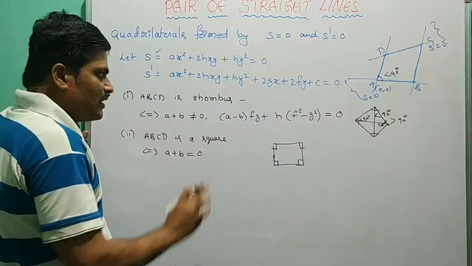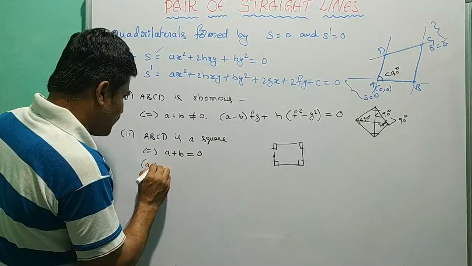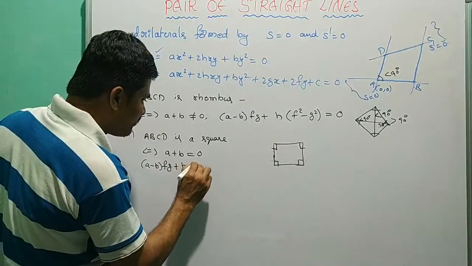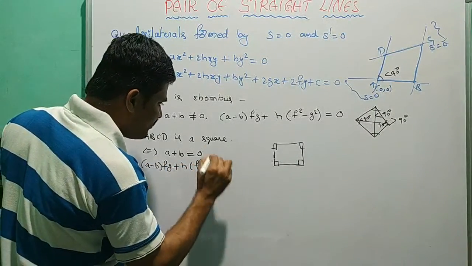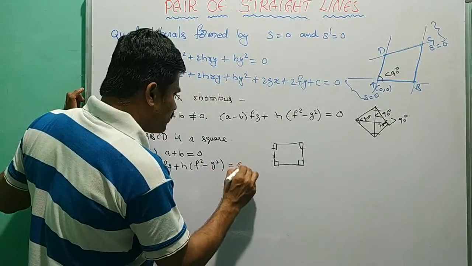Similarly, the second condition: a plus h into f square minus g square is equal to 0.